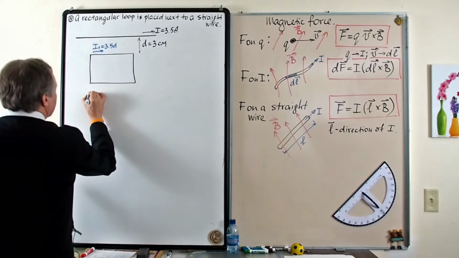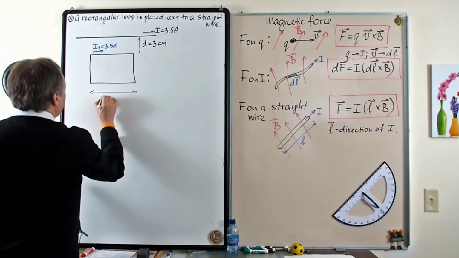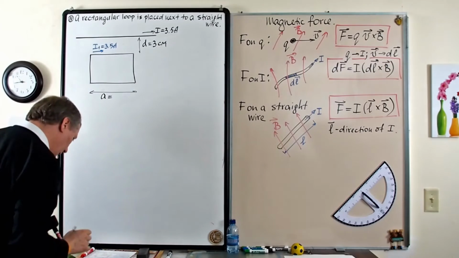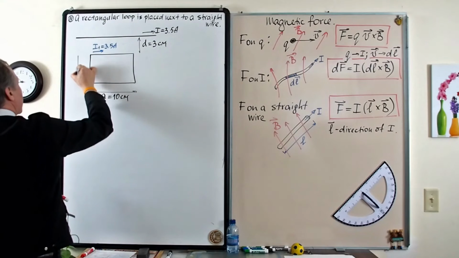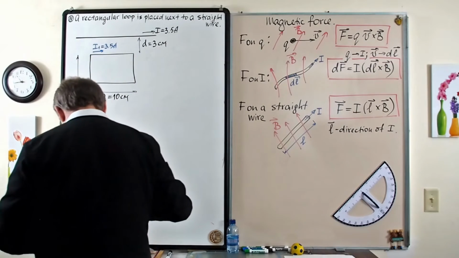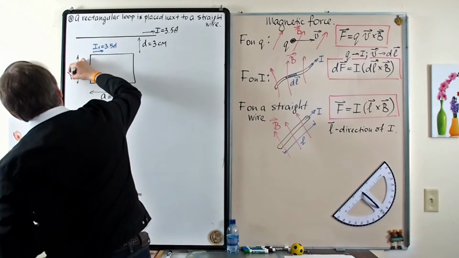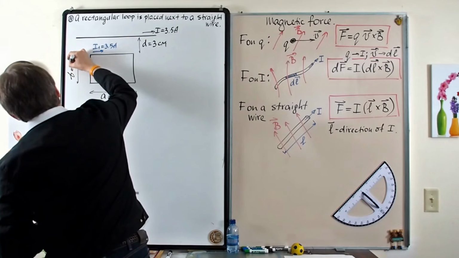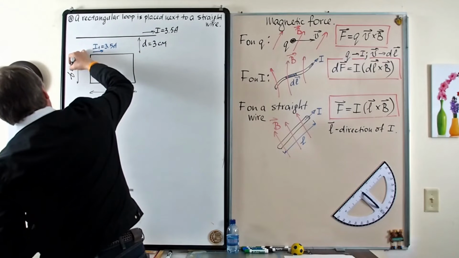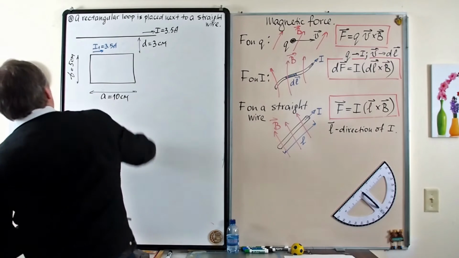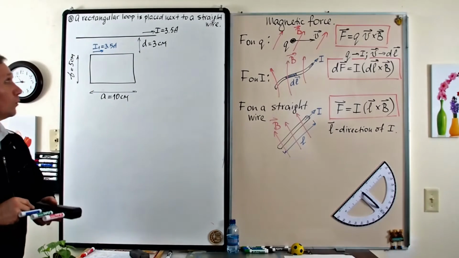Then this distance is A, which is 10 centimeters. And this distance is given, and that is B, 5 centimeters. B equals to, okay, it doesn't look like 5 centimeters.